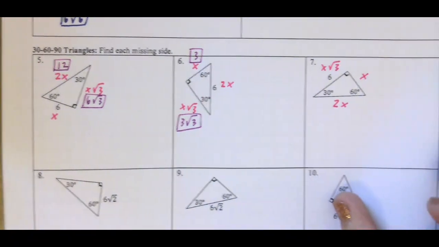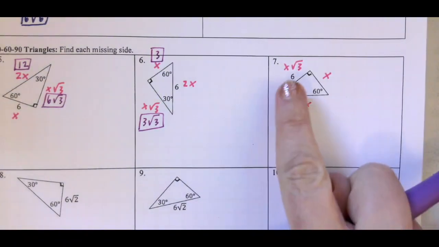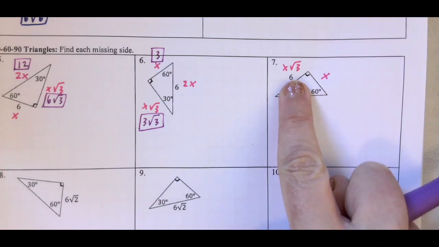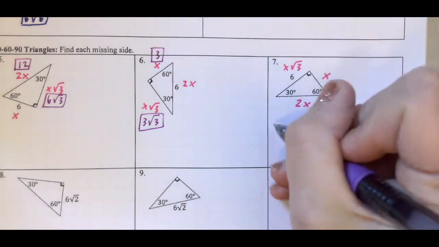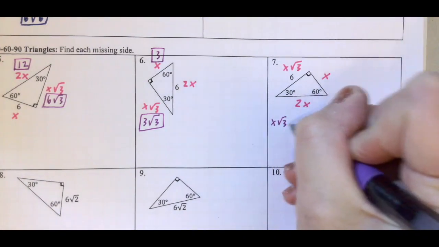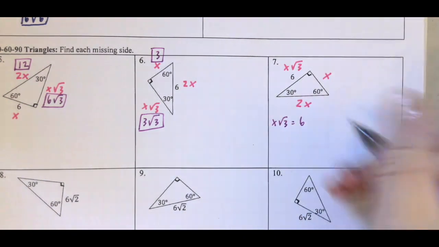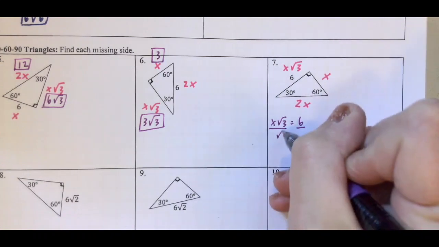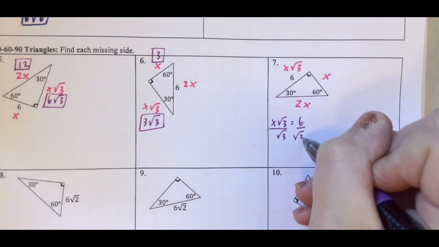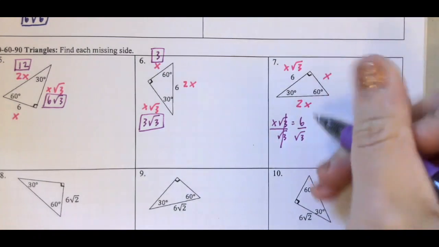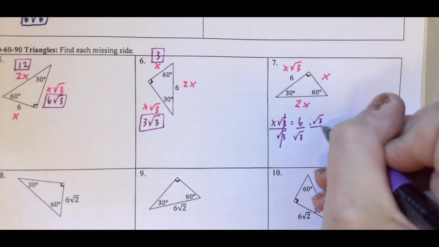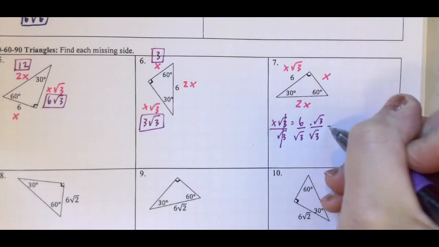All right, last variation here. I'm giving you that longer leg is 6, and that's the x root 3 side. So I can say that x root 3 is equal to 6. And then from here, I divide out the root 3. Okay, then I rationalize. I multiply by root 3 over root 3.